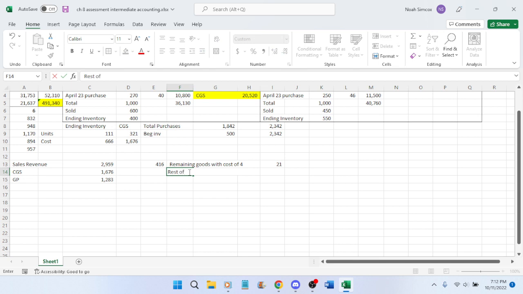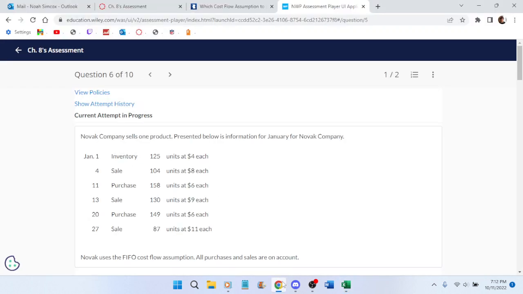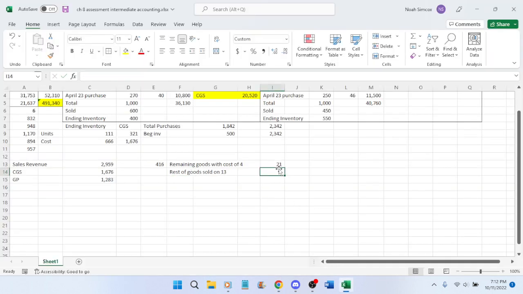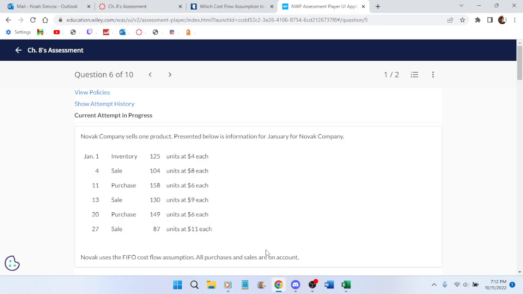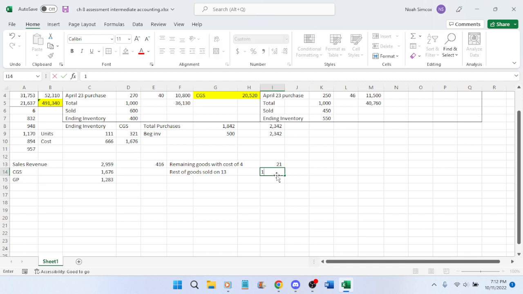Rest of goods sold. On what day? The 13th. So this should be, they sold a total of 130 units that day. So 130 minus this.